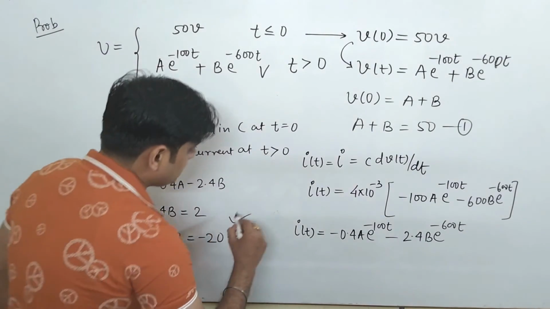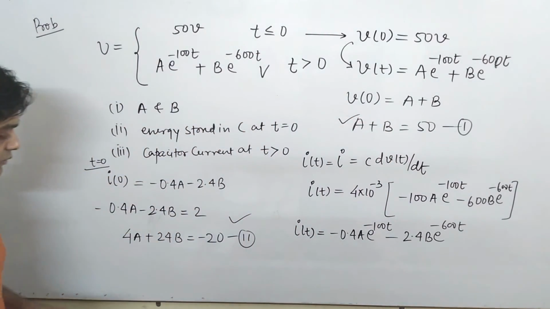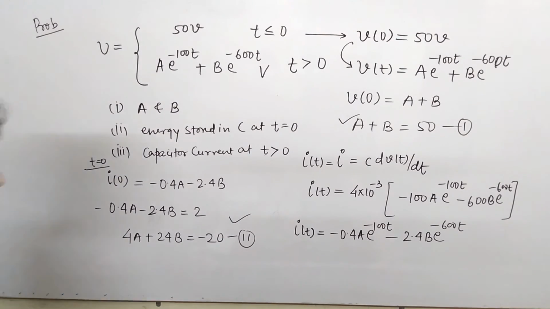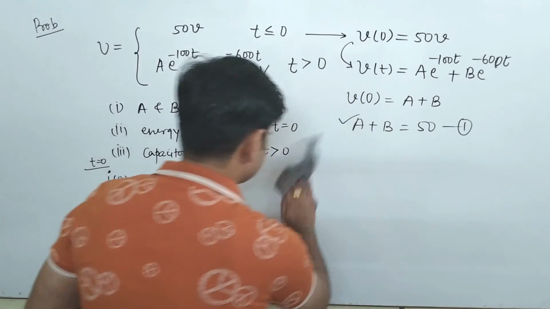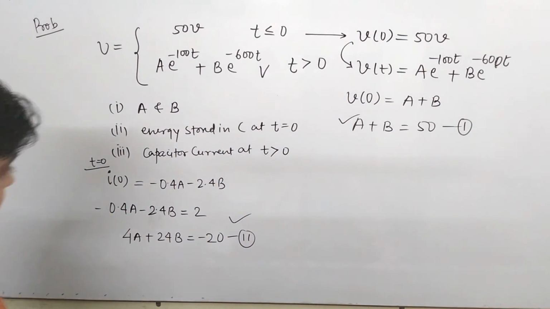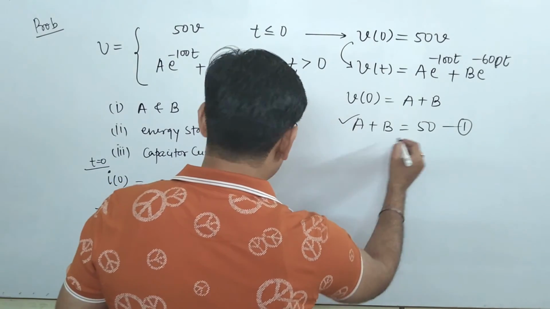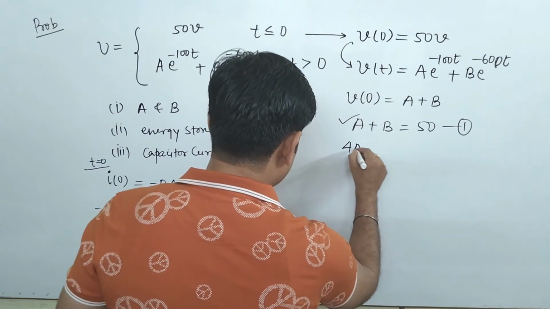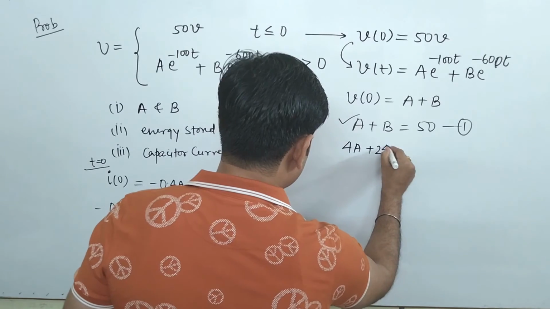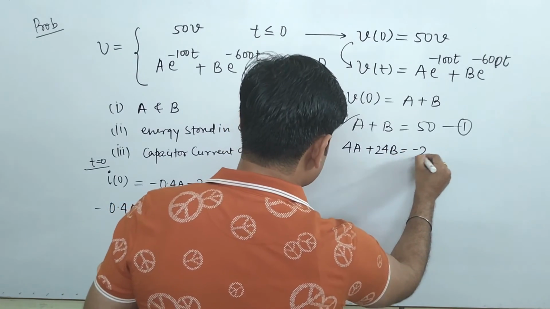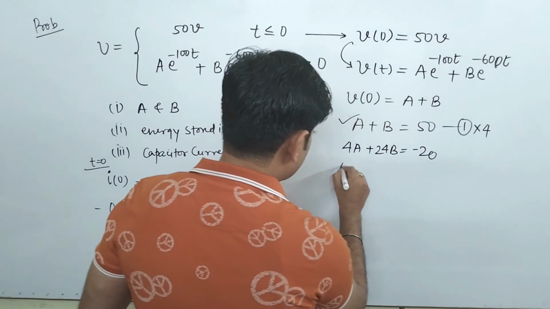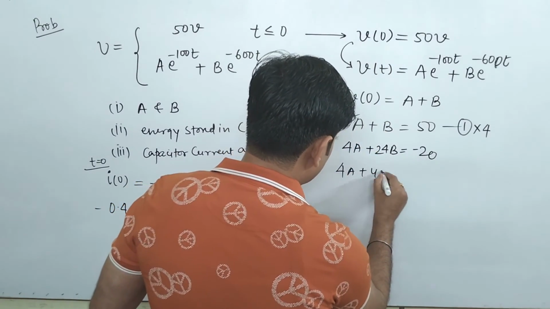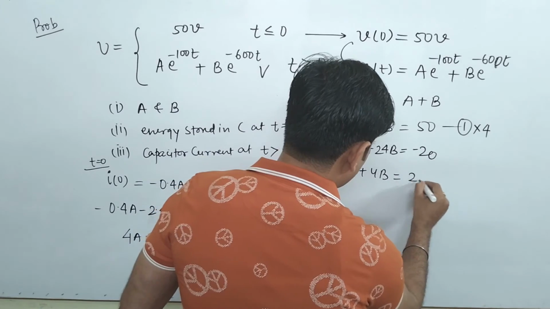Now can you find the value of a and b? Yes, very simple. So this is equation 1. I will write another equation, 4a plus 24b is equal to minus 20. If I multiply this equation by 4, that comes to be 4a plus 4b, 200.